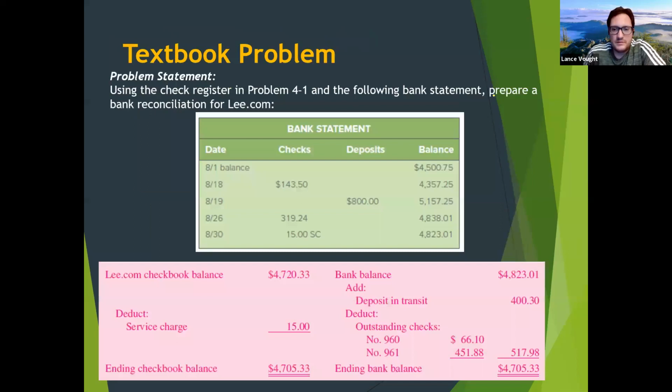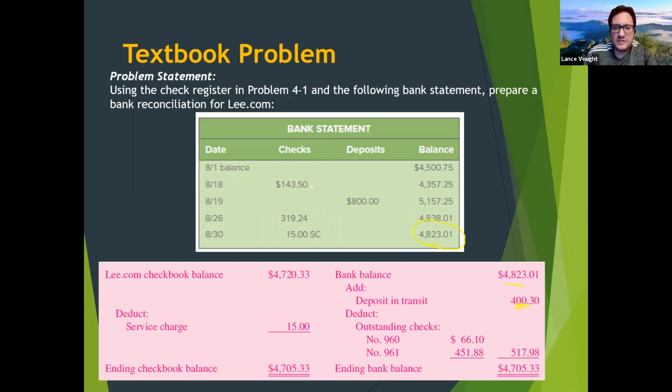Let's see here. If we look at the bank statement, things that we need to account for that weren't in the register. If we go back to here, we notice that this $400 deposit does not appear here on the bank statement. So you need to add that $400 to the bank balance that you have at the end of the month.